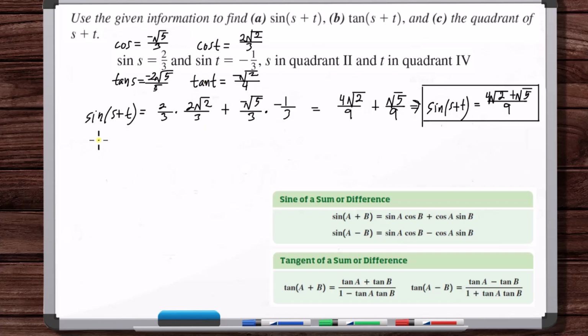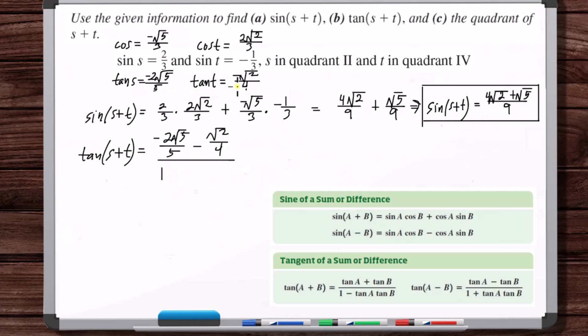All right, now tangent of s plus t is equal to, using the sum identity for tangent, tangent of s, minus 2 root 5 over 5, plus tangent of t, so that's going to be minus root 2 over 4, over 1 minus tangent of s times tangent of t.